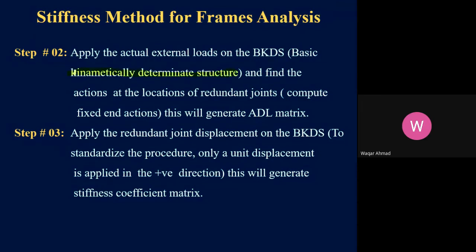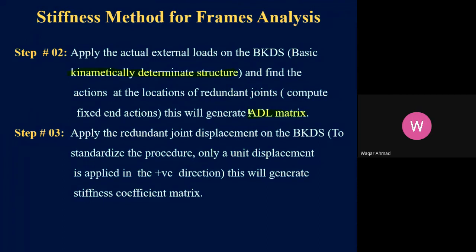So now we apply the actual external load on this structure, and then we find out the fixed end actions, and those fixed end actions should correspond to the locations of the specified displacements. We call those fixed end actions the values of our AL matrix.